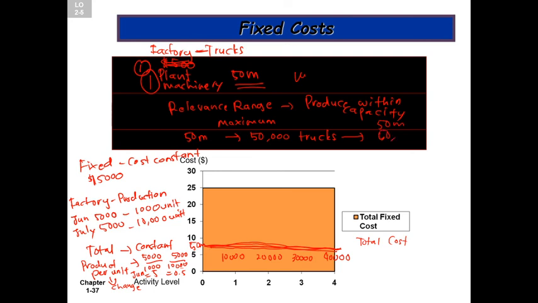Then we can produce another 50,000 trucks. So our relevant range is from 0 to 50,000. If we want to produce more than 50,000, then we have to buy another machine. This is how the fixed cost behaves.